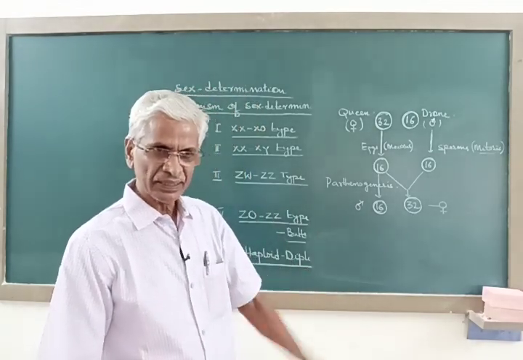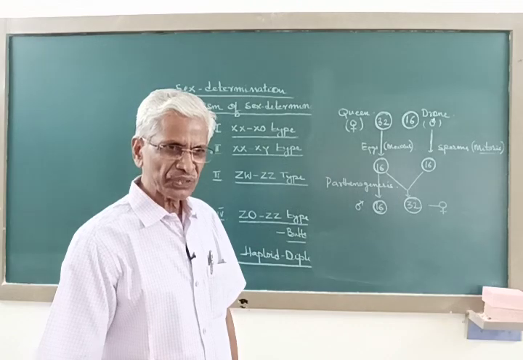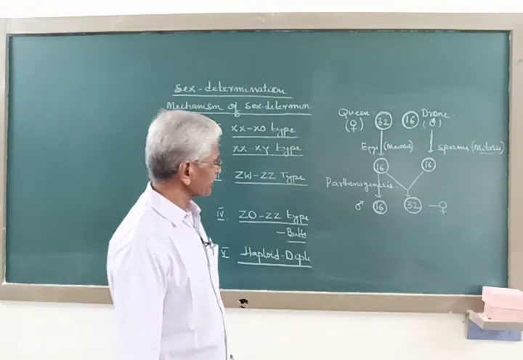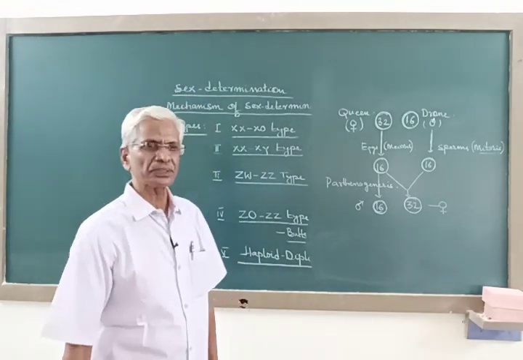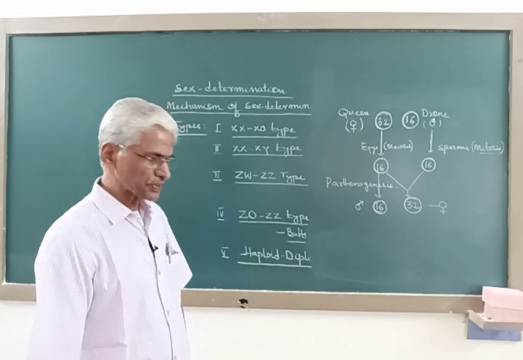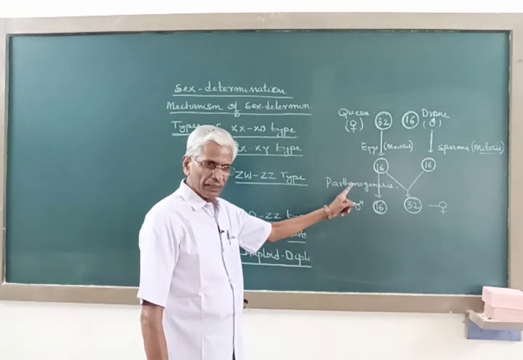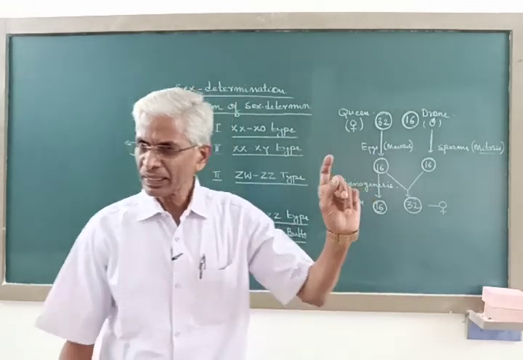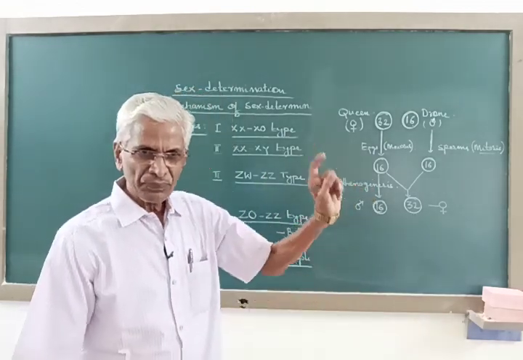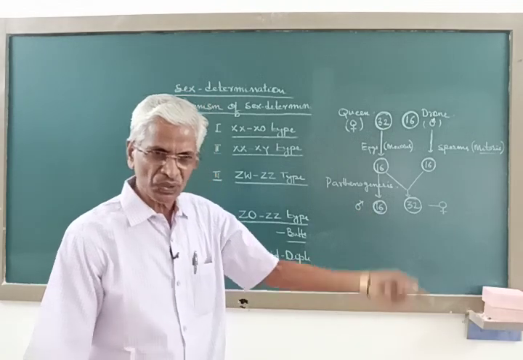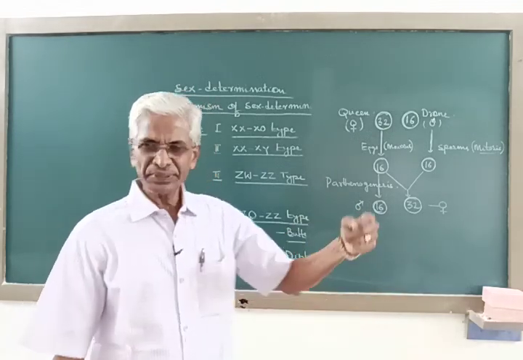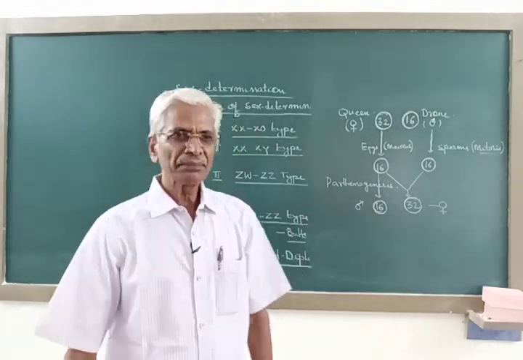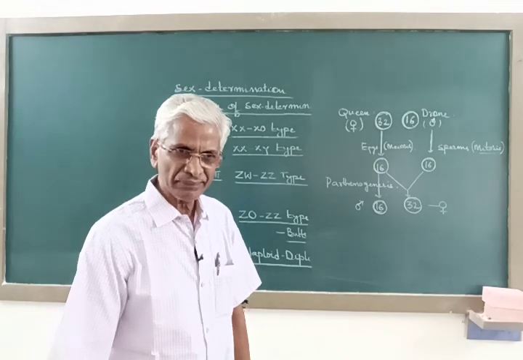So one unique feature of the sex determining mechanism among honeybees is that males, being themselves haploid, produce sperms which are also haploid, not by meiosis but by mitosis.